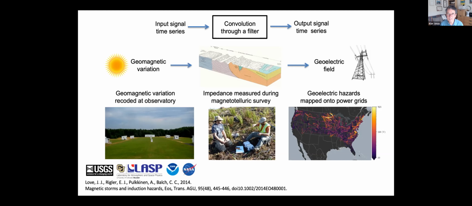But it'd be interesting to try to see what the effect of a Carrington-like event would be like. Yep. In North America, given the infrastructure we have. Yeah, and we want to do that.